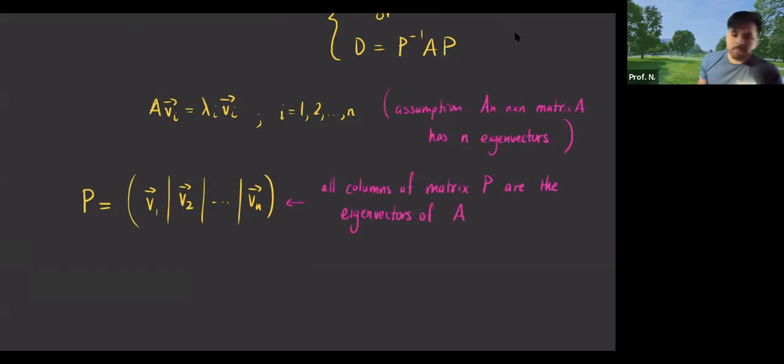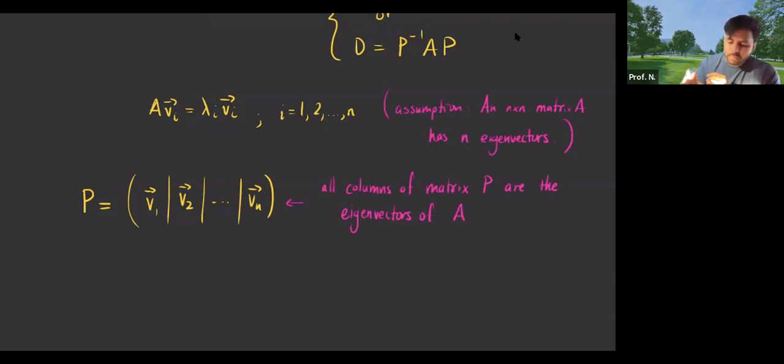And the eigenvectors themselves, if you were to put them all into a group, a set of eigenvectors, they're all independent of one another. They're linearly independent.